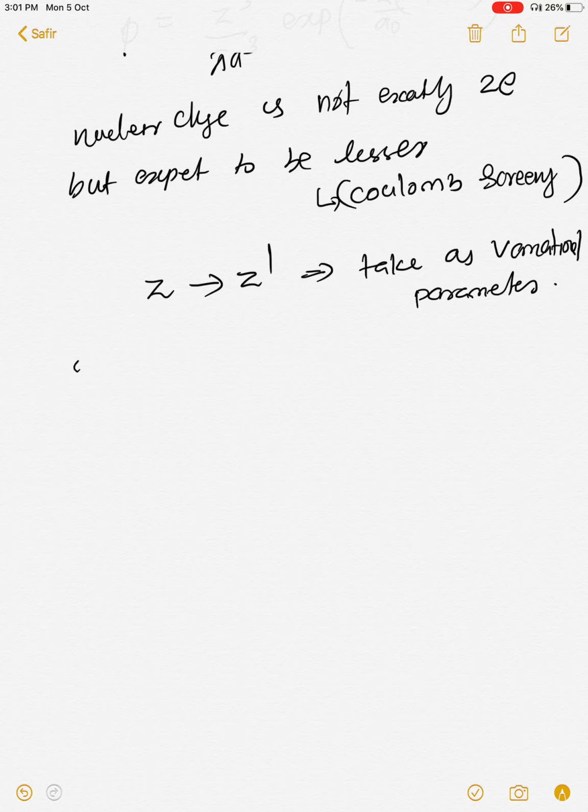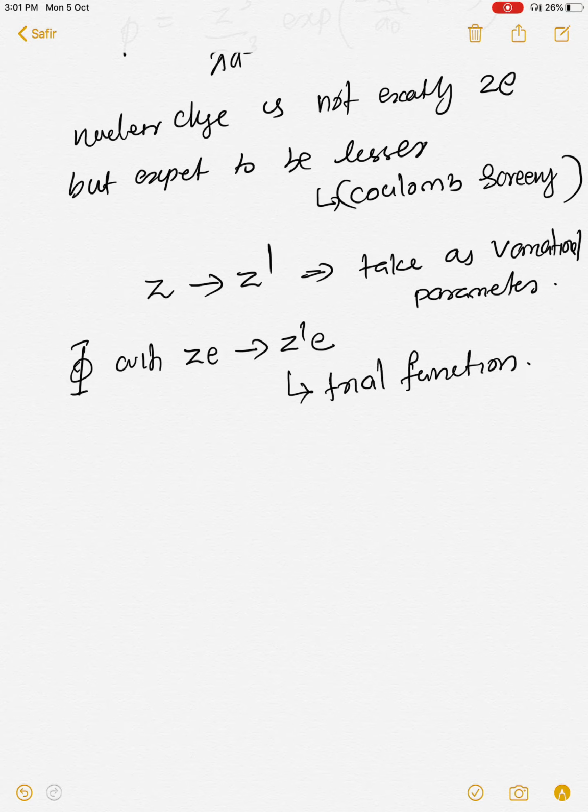So we define phi with Z prime e instead of Z e. That phi with Z prime I took as the trial wave function in this problem. So I got a trial function.